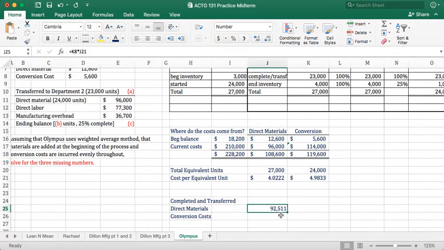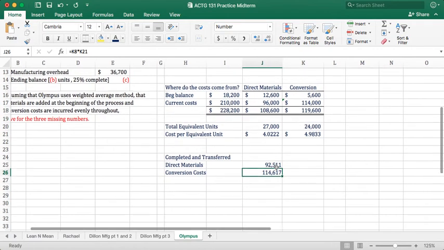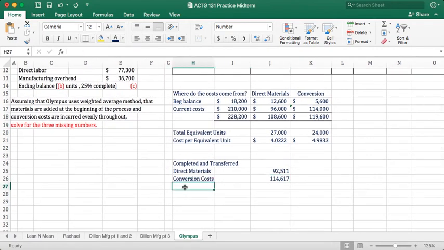And the conversion cost will be the same. We're going to multiply this 23,000, because remember it's 100%, and multiply it by the 4.998. And the total cost of goods manufactured is what we just calculated.